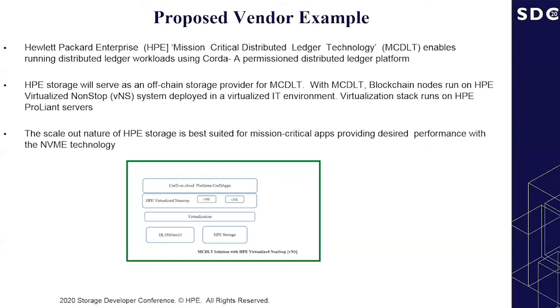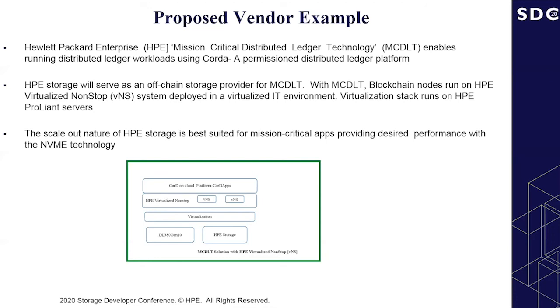HPE NonStop, which is the core of the HPE MCDLT solution, creates a play for mission-critical NonStop solutions around cloud technology. It offers a very high level of availability and near linear scalability for workloads in modern virtualized and cloud environments.